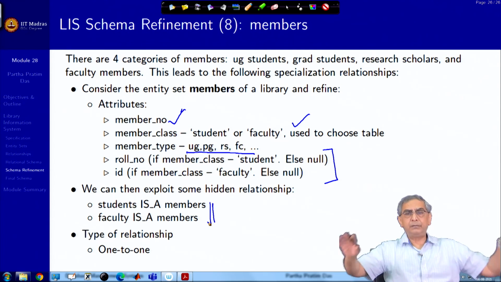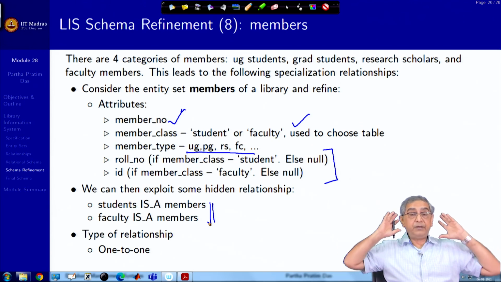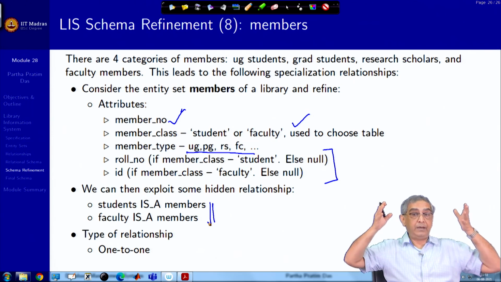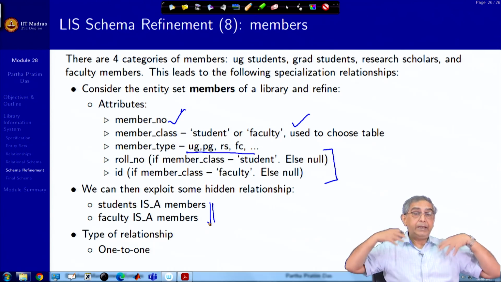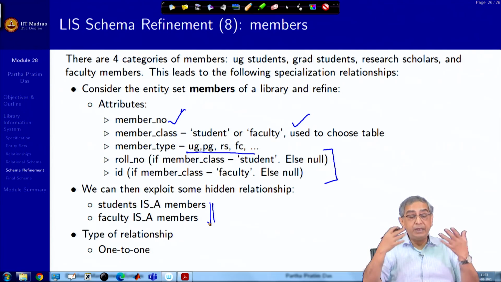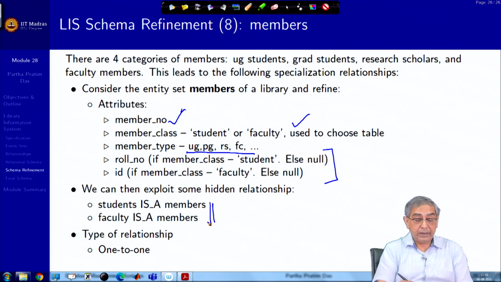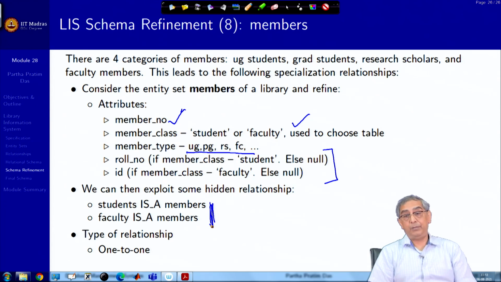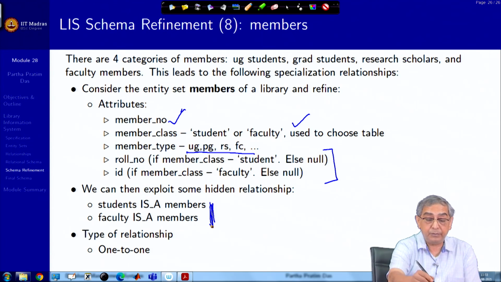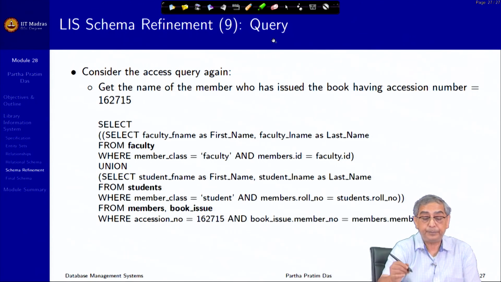It is nowhere written, but we got it by reading between the lines, that in the context of the library a student is a member, and a faculty is a member too. So, this is a generalization available which makes this type of relationship possible, and naturally this is one to one.